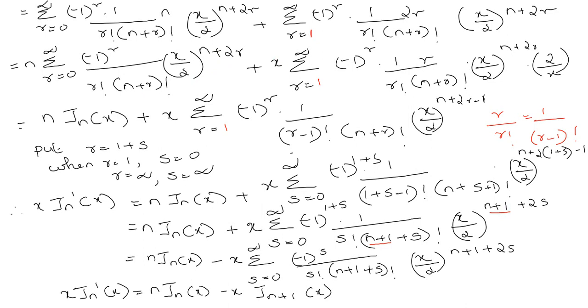The x with which we are dividing is taken inside the summation sign, and the 2 from here is also written here. So together they will become 2 by x.